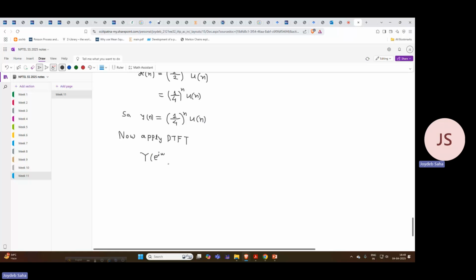It is a to the power n u of n, right? So we have already solved in previous classes what will be the DTFT of a to the power n u of n. Using that we will get e to the power j omega divided by e to the power j omega minus 1/4.